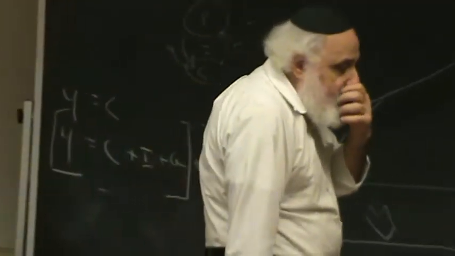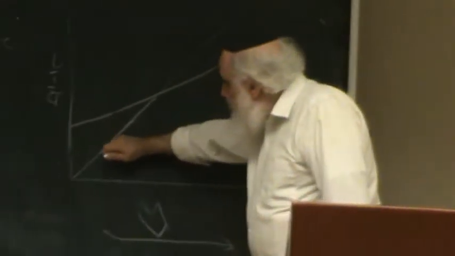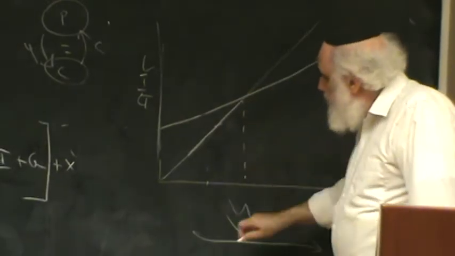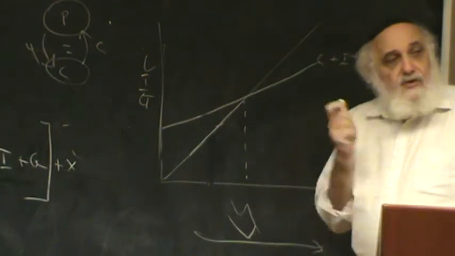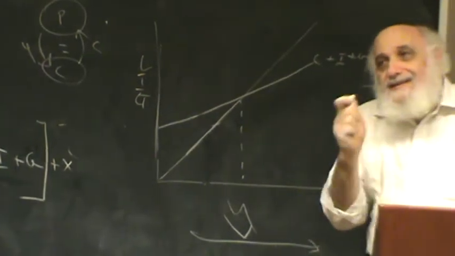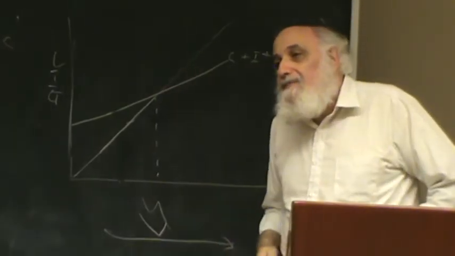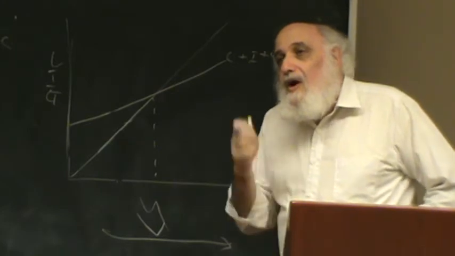Now, this illustrates another point. The reason we draw these curves is to illustrate the following. Just because this is the equilibrium point doesn't mean this is the best point to be.